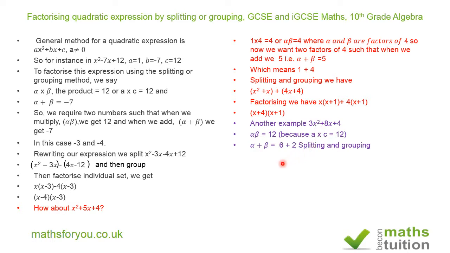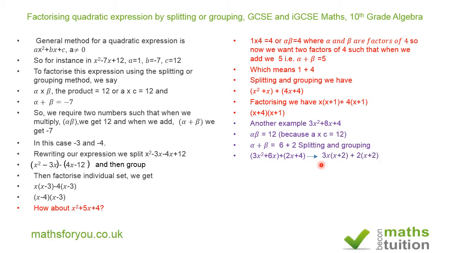Now, if we were to write 3x squared plus 8x plus 4 by splitting and grouping, we end up with 3x squared plus 6x plus 2x plus 4. Note here that I put 6x with 3x squared because I know that 3x is the highest common factor of 3x squared and 6x.